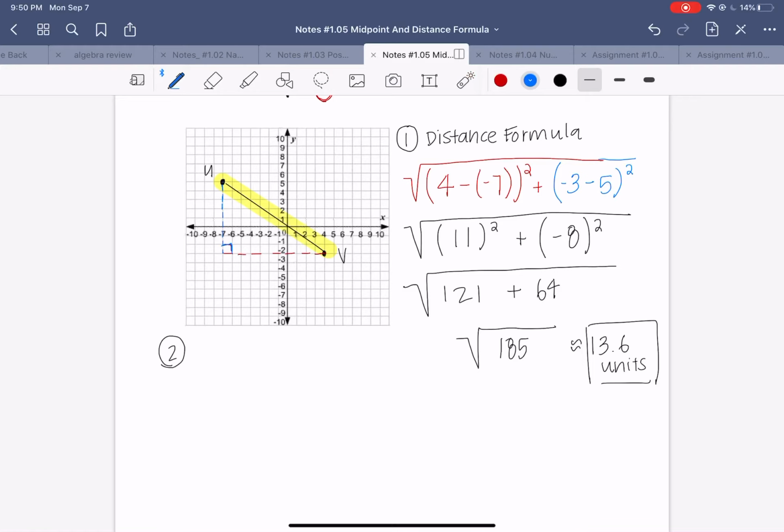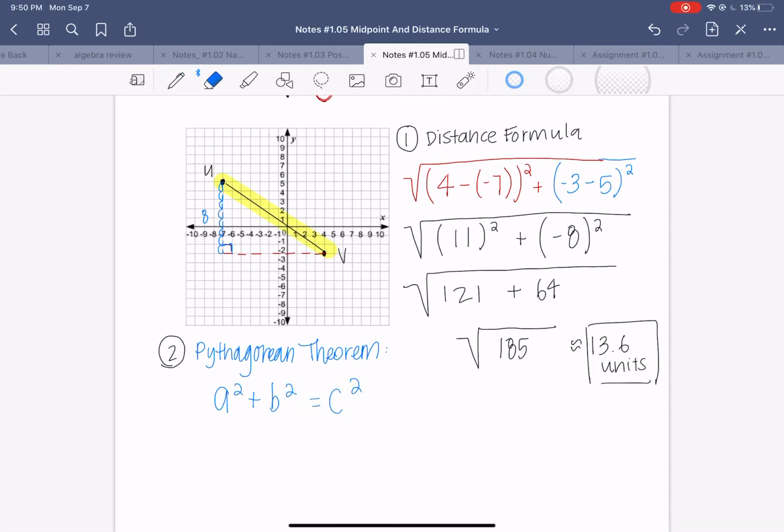Okay, so I need to figure out what the side lengths are. So 1, 2, 3, 4, 5, 6, 7, 8. Remember, if we're using the Pythagorean theorem, it's a squared plus b squared equals c squared.